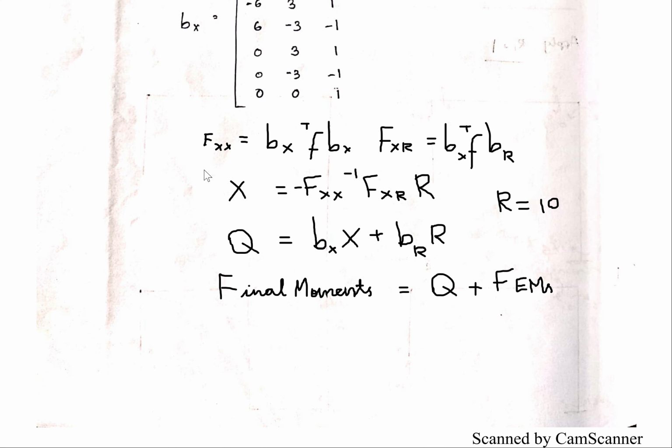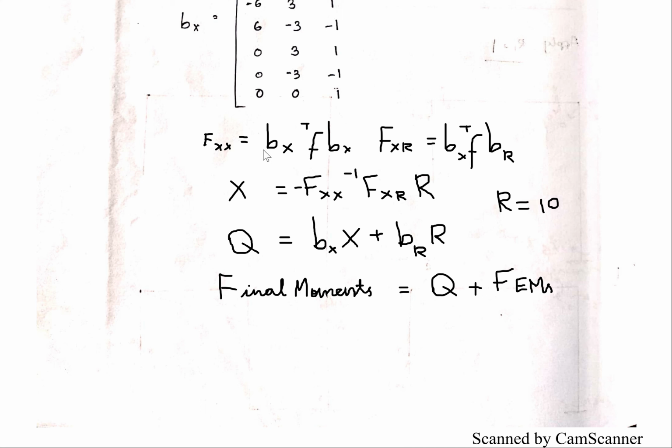Now as usual, the Fxx and Fxr system flexibility matrices can be calculated. Fxx is equal to Bx transpose into small f into Bx, and small f is nothing but our element flexibility matrix. We have 3 elements here, so combine the flexibility matrices of each element to obtain our small f matrix.